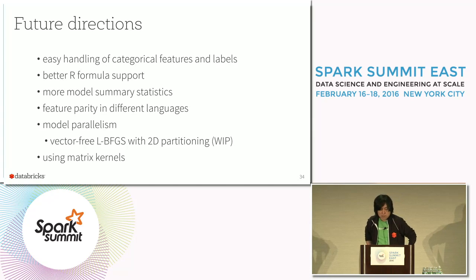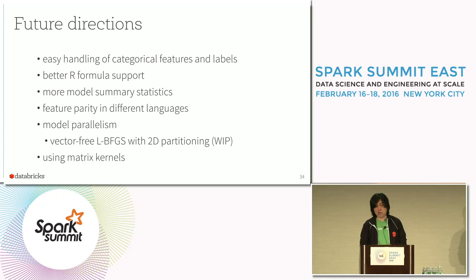So there is some future work to do, and we want to get easy handling of categorical features. Right now in R, you can use the model formula, but in Python and Scala, if you have categorical features, you need to encode them first, then send them to the logistic regression or linear regression, then get them back. And we definitely want to improve the support for R formula and then provide more model summary statistics.